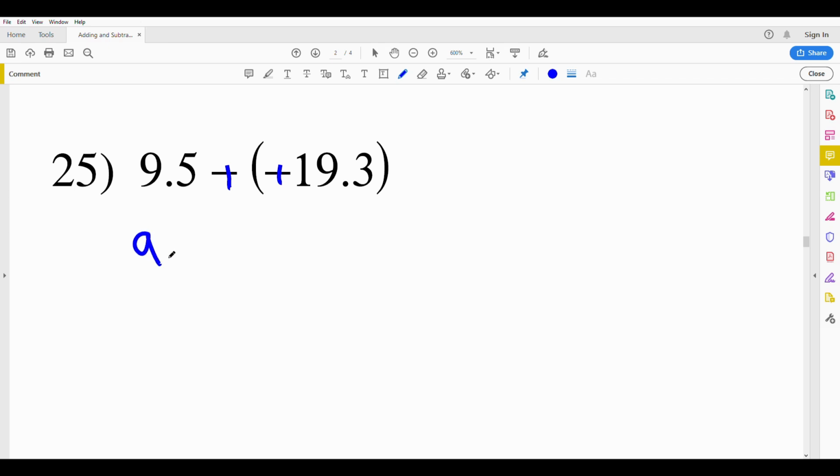So 9.5, we'll just add that to 19.3, which is 9 5/10 plus 19 3/10. Well, I'll have 8/10, and then I'll have 9 plus 19, which will be a 28. So 28 8/10 is my solution in number 25.